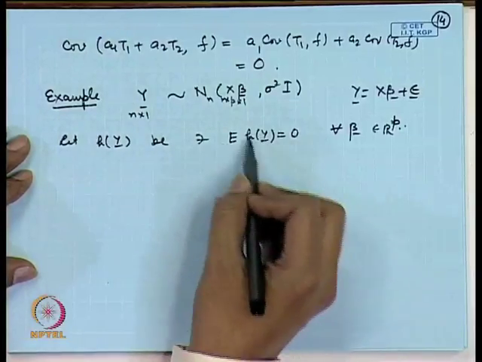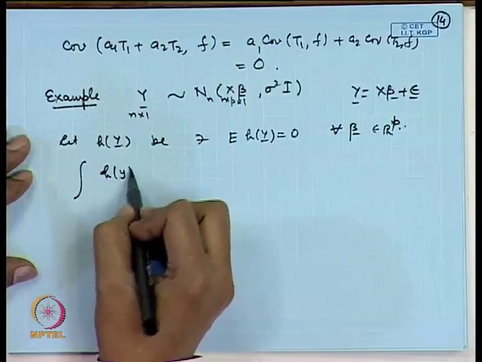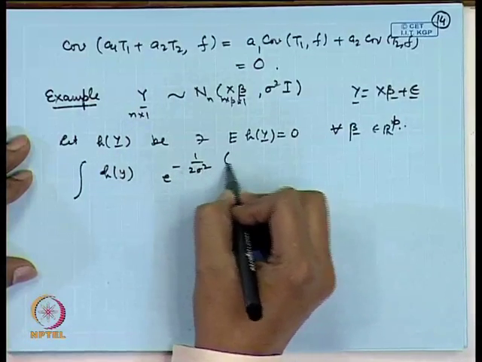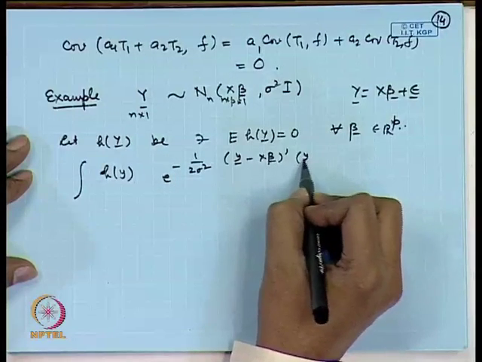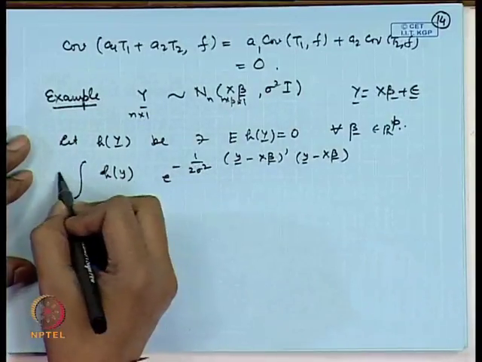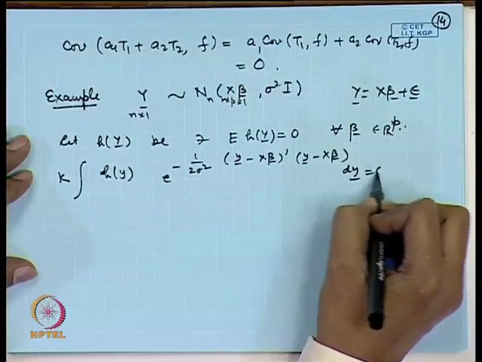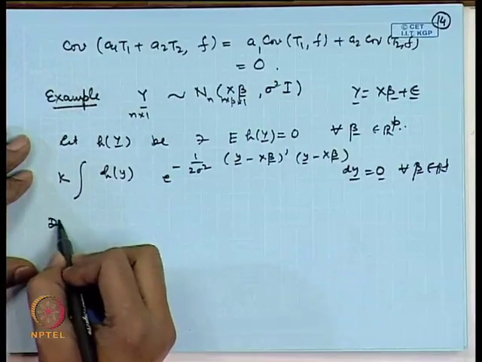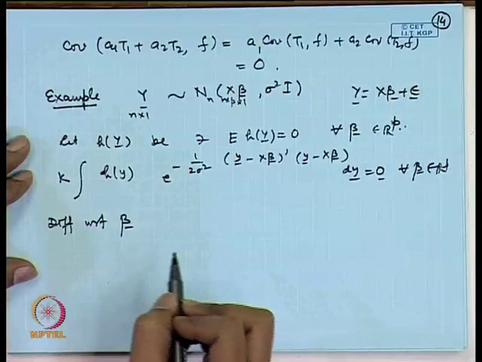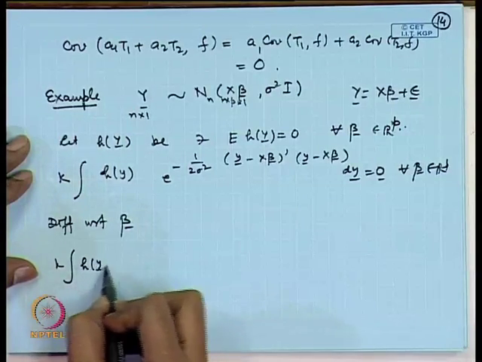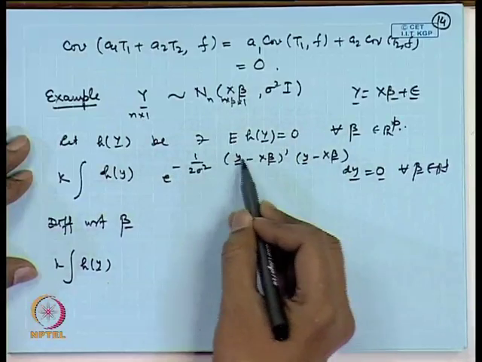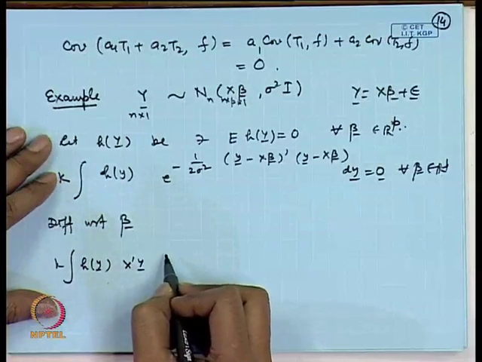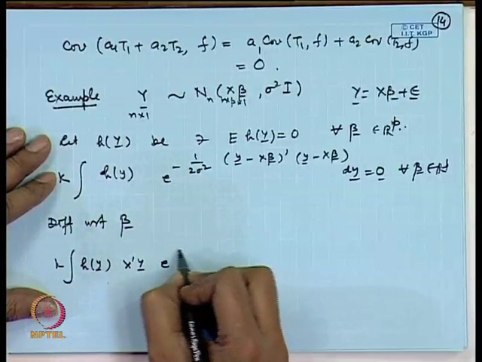So, if you write this statement, expectation of h(y) is 0, it is equivalent to the integral of h(y) into the density function of y. This is a multivariate normal distribution. So, it is e to the power minus 1 by 2 sigma square (y minus X beta) prime (y minus X beta), and some coefficient will come which I am writing as a constant. This is equal to 0 for all beta belonging to R^p. This is a multivariate integral here. Now, you differentiate both the sides with respect to beta, then I will get h(y), then derivative of this will give this term into the derivative of the exponent with respect to beta, that gives me X prime y, e to the power minus 1 by 2 sigma square.